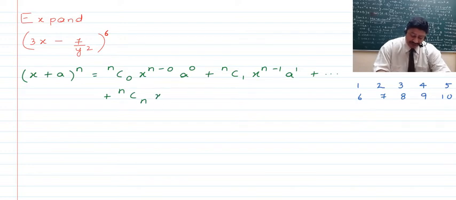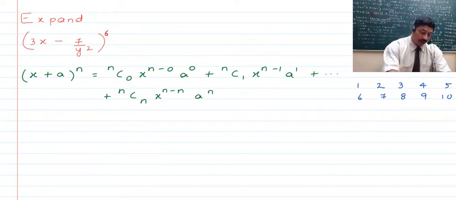Then we have the first term raised to the power the difference of the numbers in the superfix and the suffix, that is n minus n, and the second term a raised to the power number which is in the suffix, that is n, right?